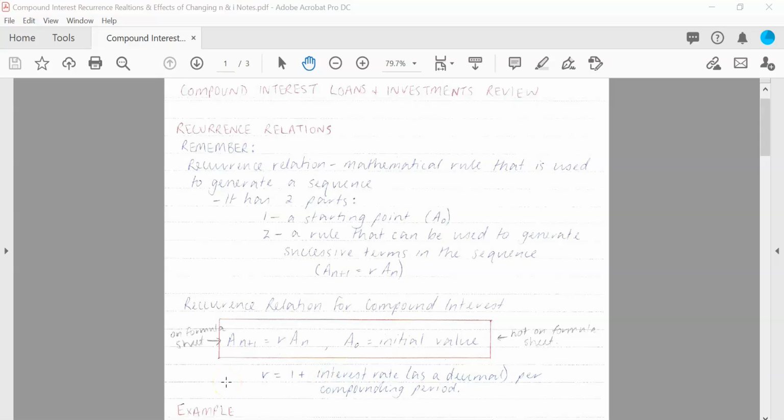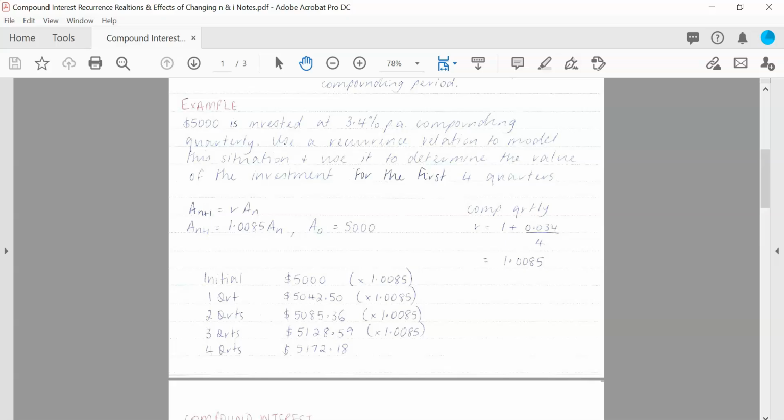We know that to work out the balance of that investment after 1 year, we multiplied the initial value by 1.08 in order to increase that $5,000 by 8%. So this recurrence relation that we use here for compound interest is doing exactly what we did using our common sense approach in the example that we looked at earlier.